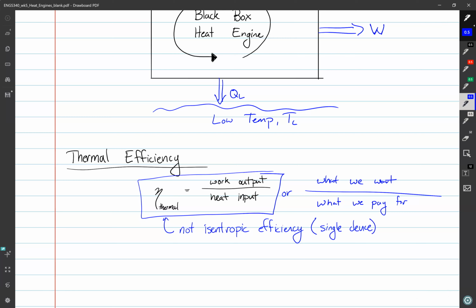Sometimes we'll call isentropic efficiency device efficiency, or you may hear that. This is a cycle efficiency, the efficiency of, as we'll see, multiple different devices or multiple different steps or processes happening consecutively. So it's the efficiency of the whole business rather than the efficiency of a single component.